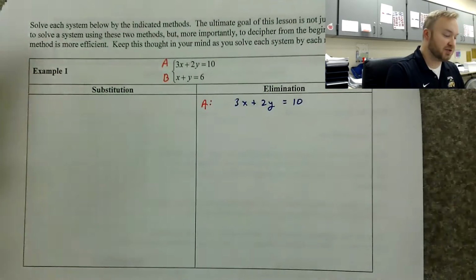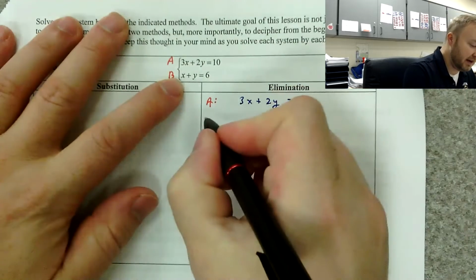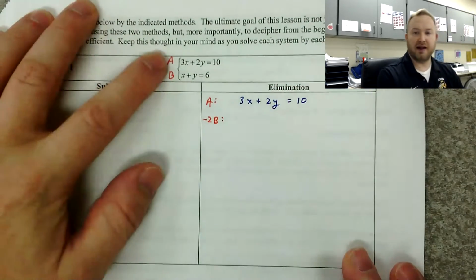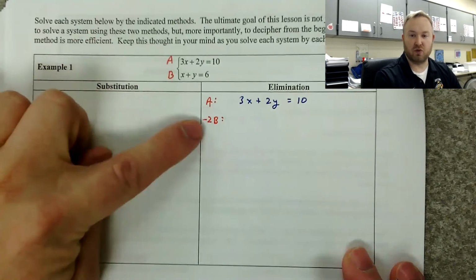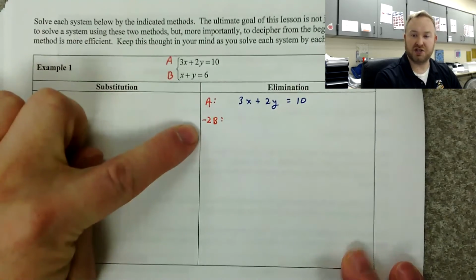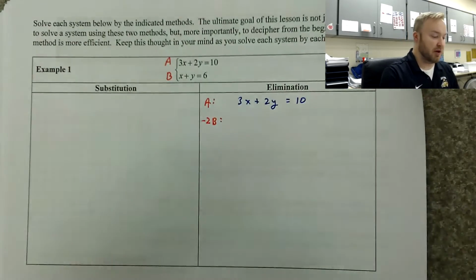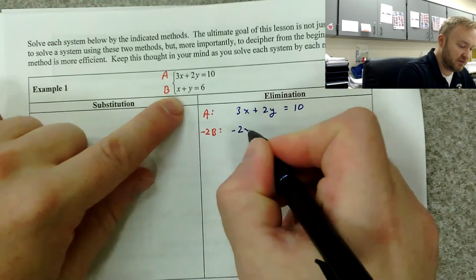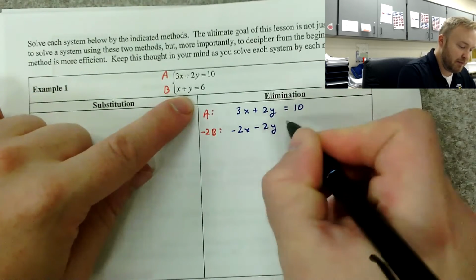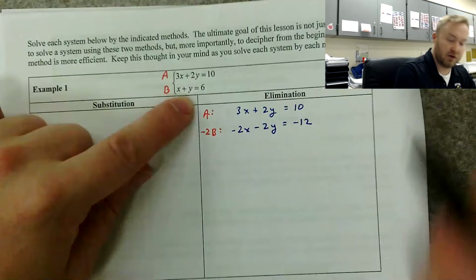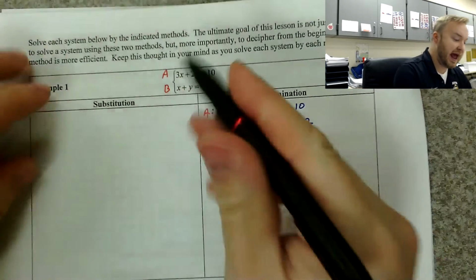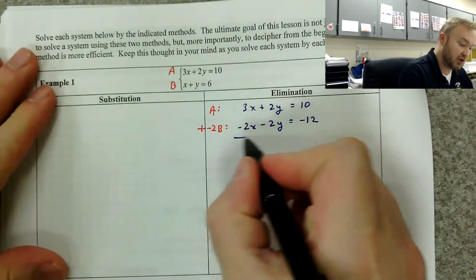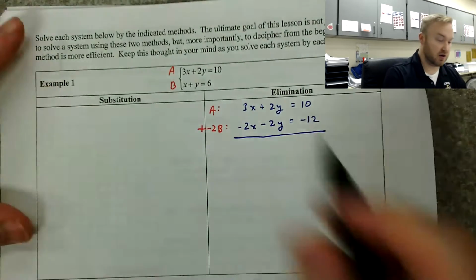But I'm going to multiply equation B by -2. This is why I like to name my equations, so I can write down kind of what changes I'm making to them. So I'm going to multiply equation B by -2, and that causes it to be -2x minus 2y equals -12. And now I'm going to add these together, term by term.